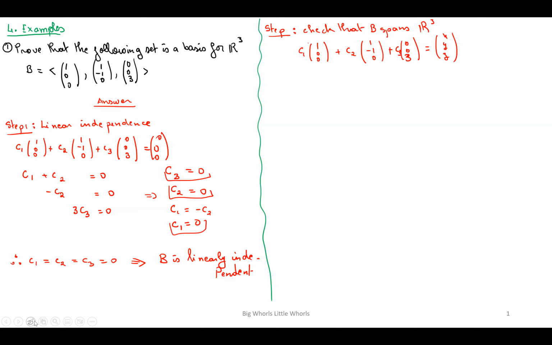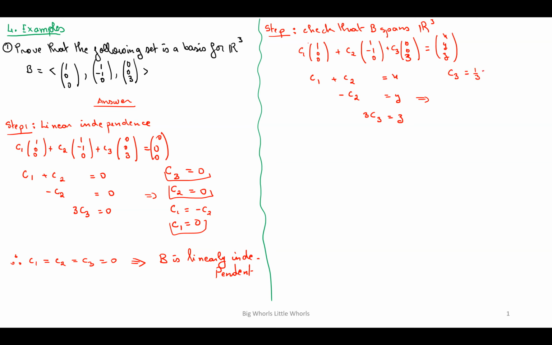I hope you can see. Okay, so we have C1 plus C2 equals x, minus C2 equals y, and 3 C3 equals z.